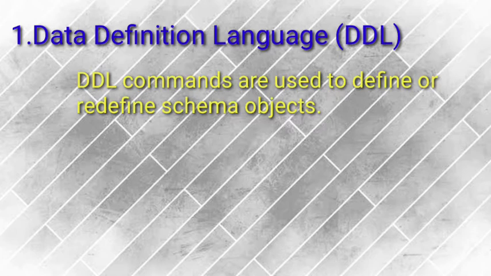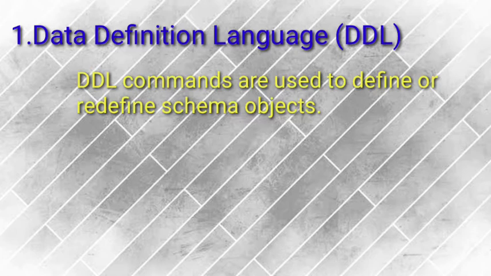Suppose I have created a table with three fields. Now I want to change the field name, or maybe I want to change the data type of the field. So you are going to touch the structure of the table if you want to modify it, or you want to create it, or you want to delete the whole table, not the content.